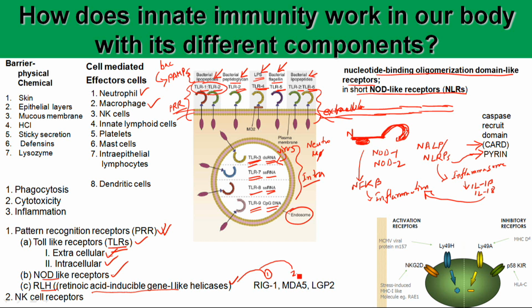The first type is the RIG1, the second type is the melanoma differentiation associated gene 5 or MDA5, and the third one is LGP2. The first and the second, which are RIG1 and MDA5, these two proteins have the N-terminal CARD domain and the C-terminal helicase domain, but the LGP2 does not have the CARD domain.